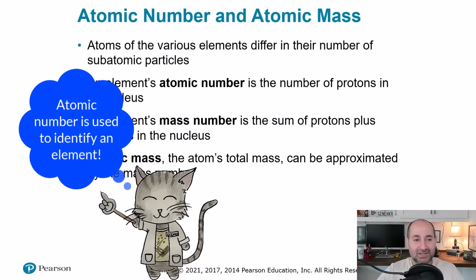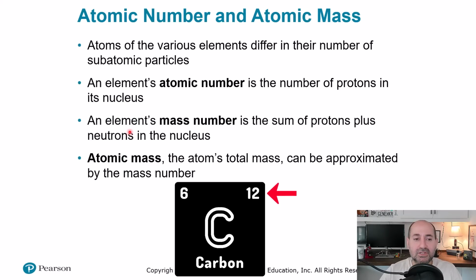Let's carry on. So what is the larger number on the periodic table? When you look at that chemical symbol, the larger number is known as the mass number. And it's a little tricky because it's the sum of the protons plus the neutrons in the nucleus.